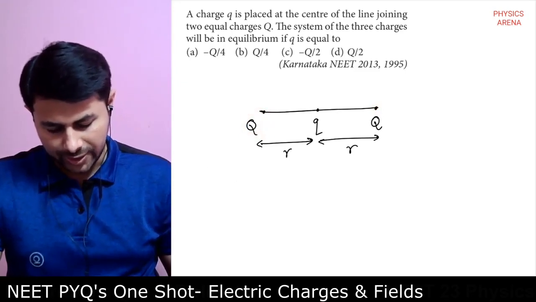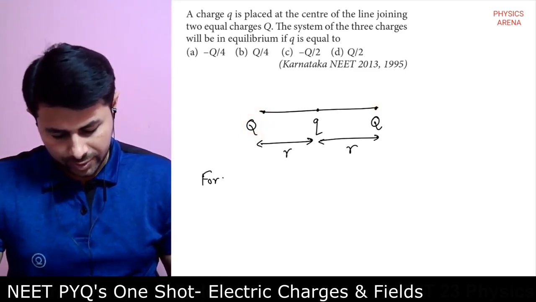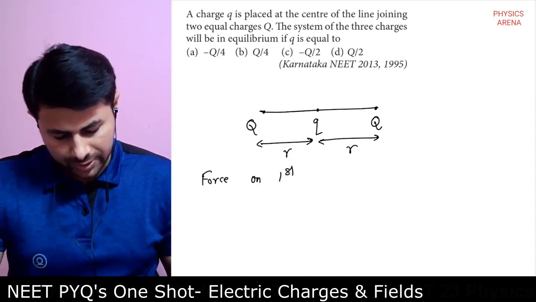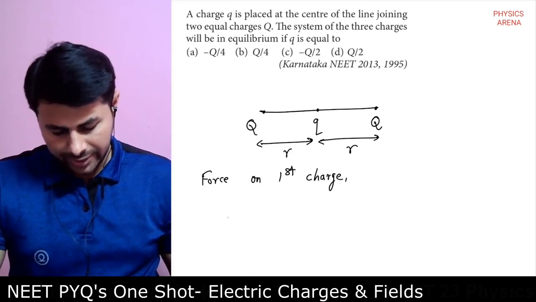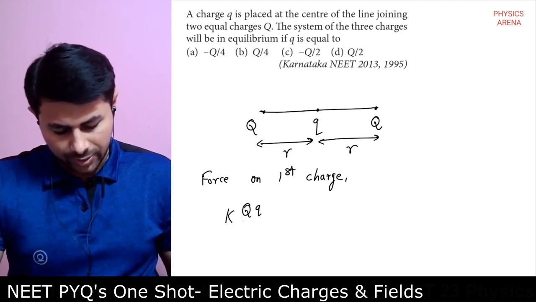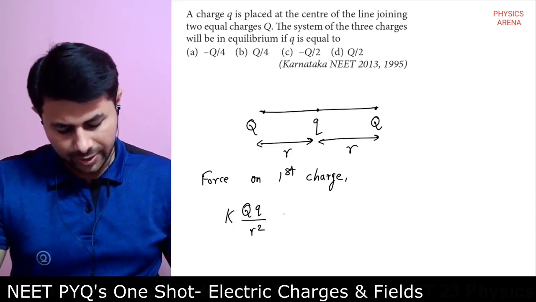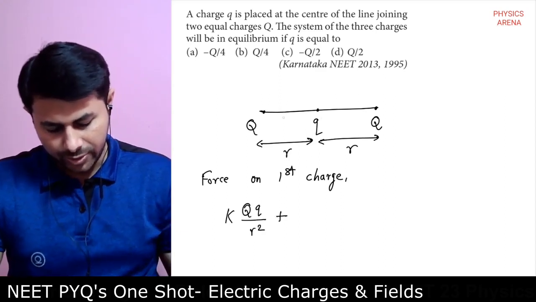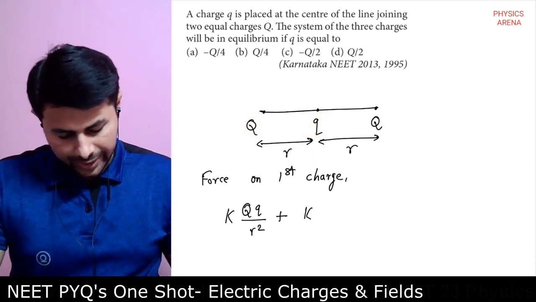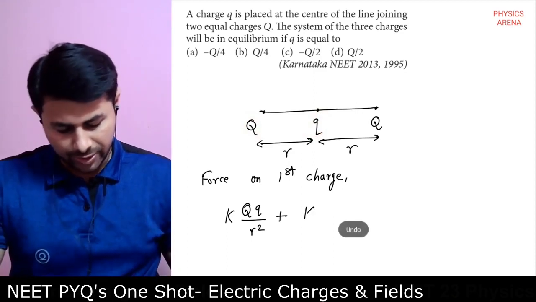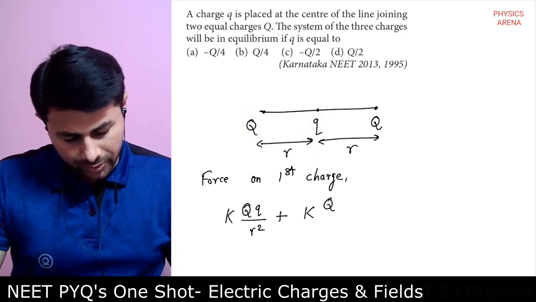So the force on the first charge is k multiplied by q into Q divided by r square, which is the force on this charge due to this charge, plus k multiplied by q into Q divided by the distance, which is 2r, so 2r square. Here k is 1 upon 4 pi epsilon naught.